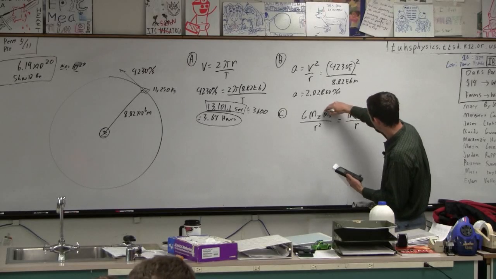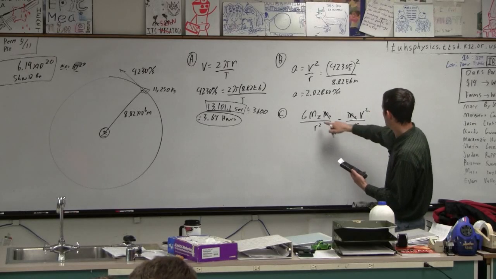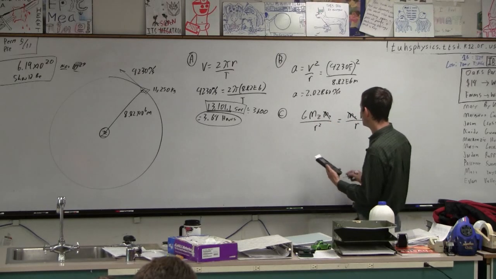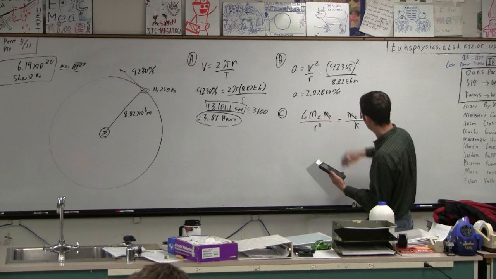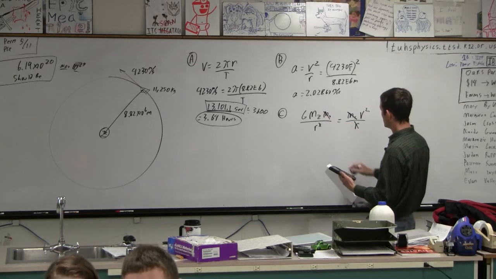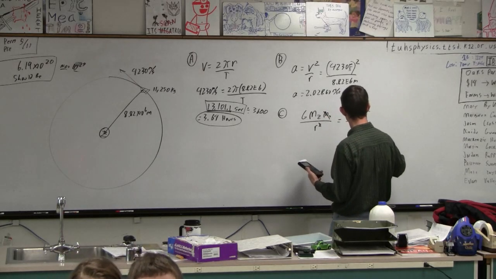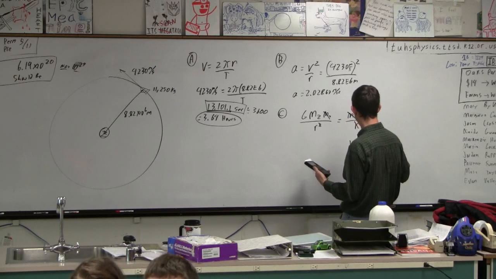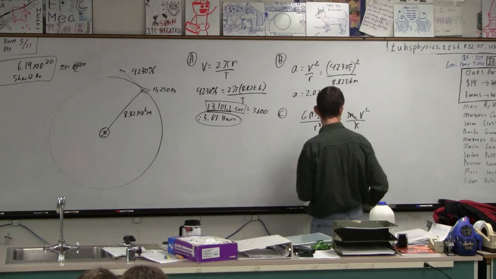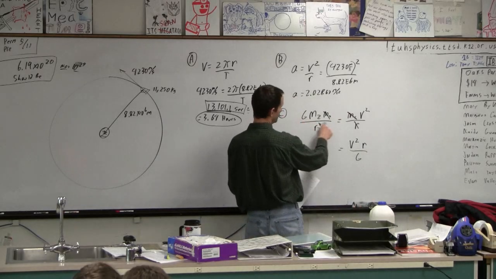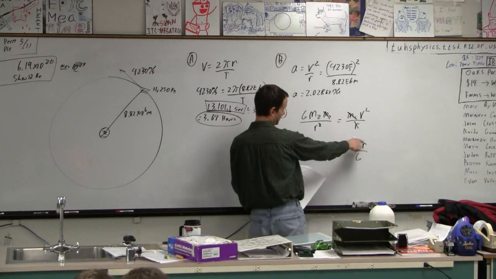The spaceship or the satellite mass cancels, and we want the mass of the planet, right? So I'm going to go, oh, we can cancel an R too, can't we? Like that. So I'm going to go V squared R divided by G. So I just put the G down there and the R up there.